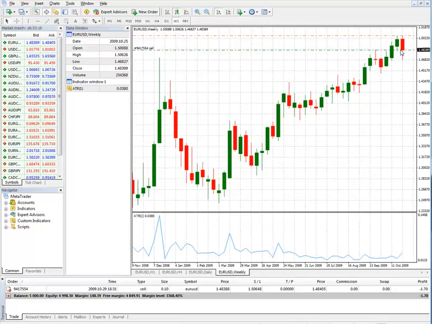Like so. You see the previous week, the average true range is 233 pips. So that's actually a pretty small range. You see that the current week, it's 380 pips. We're just talking about this particular bar right here.